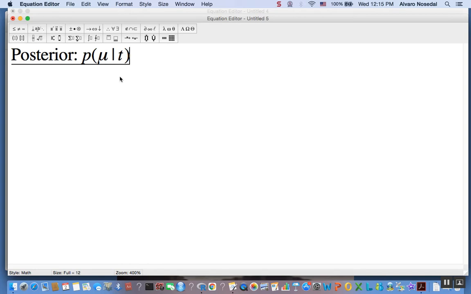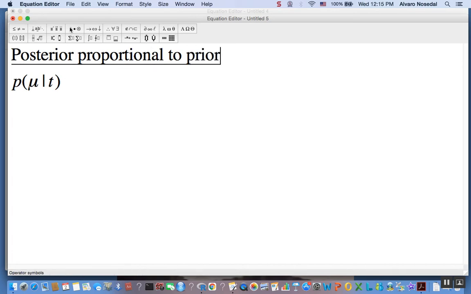Make sense? In words, we know that the posterior is proportional to your prior times your likelihood, or your likelihood times your prior, it doesn't matter.